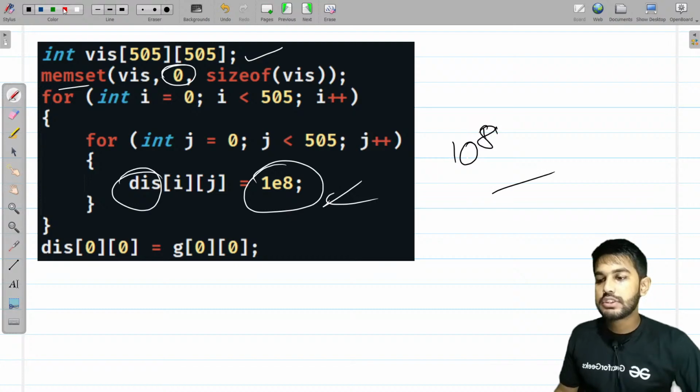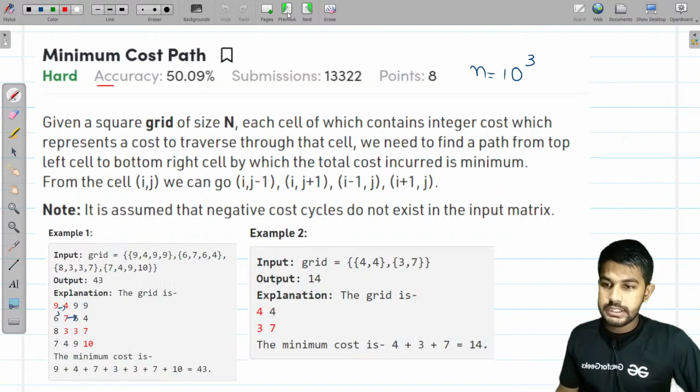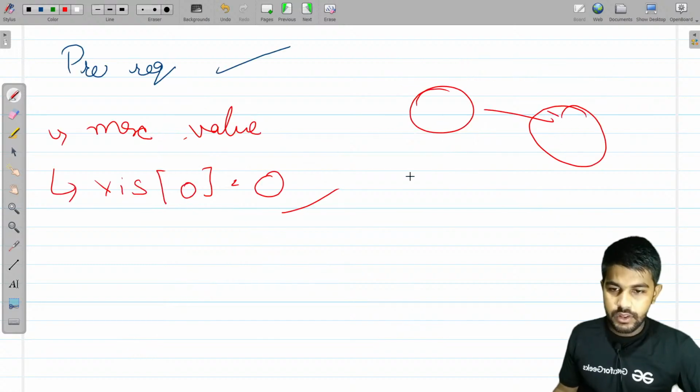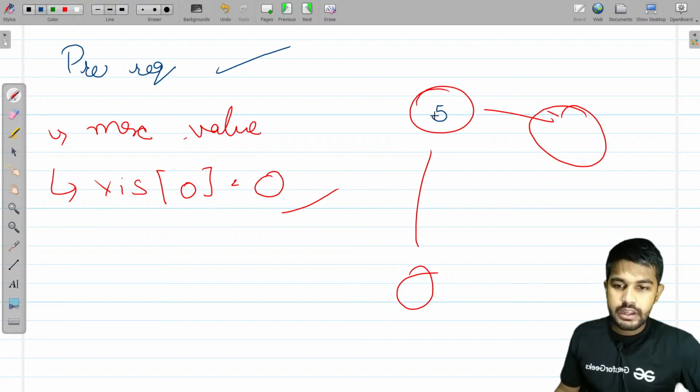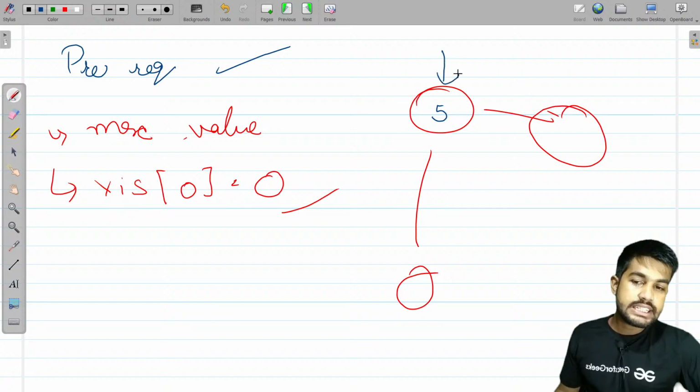Suppose this is a graph itself, and this cost is 5. What would be the minimum cost to visit this?